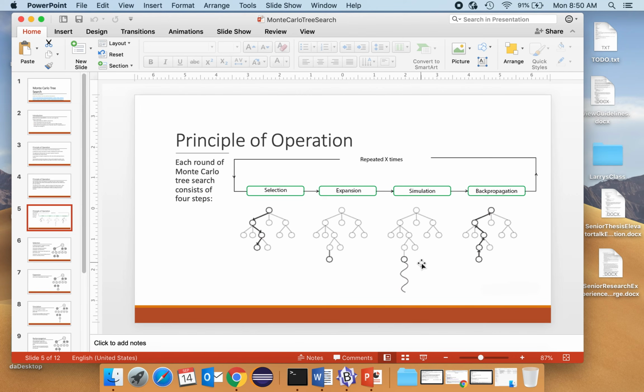And we, by and large, make random moves. There are ways to bias them to halfway reasonable moves, but by and large, we make random moves. And then we'll see, did I win or not? And if so, great. I chalk that up as a win. If I lost, I chalk it up as a loss. So that's this idea of backpropagation.